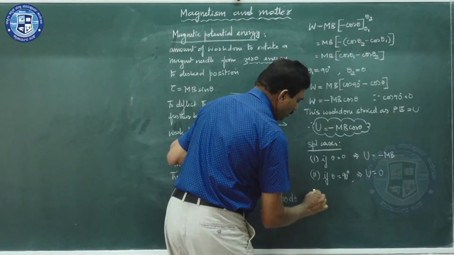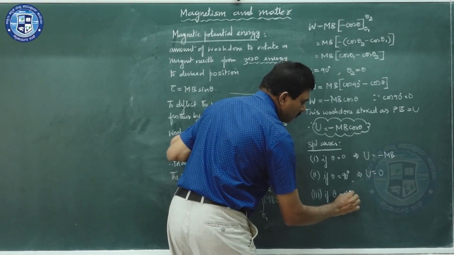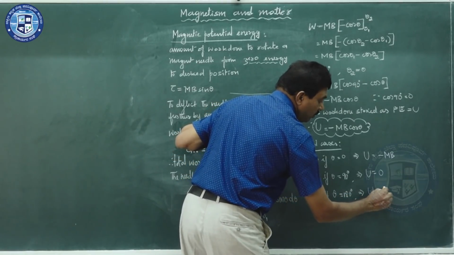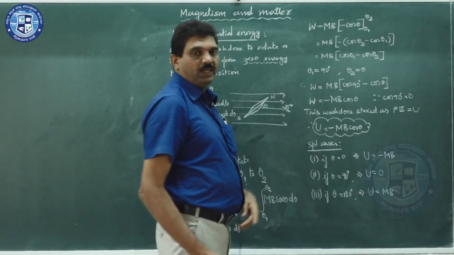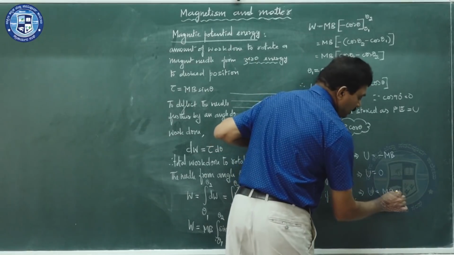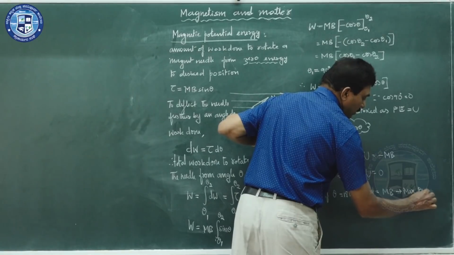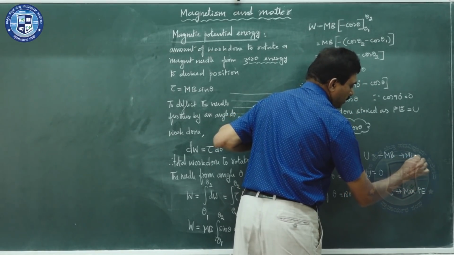If theta is equal to 180 degree, then the potential energy will be equal to mB. So which is the maximum potential energy? You can see this is the maximum potential energy, and this is the minimum potential energy.